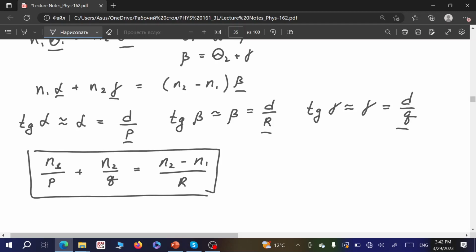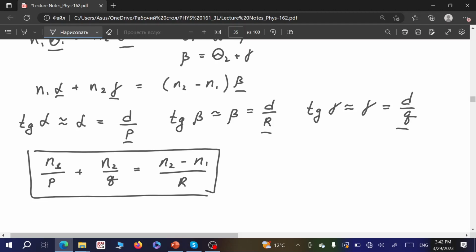So let us summarize our discussion for today, where we introduced, first of all, focal distance as an important parameter for spherical mirrors, which is located at a distance twice smaller than the center of the curvature.